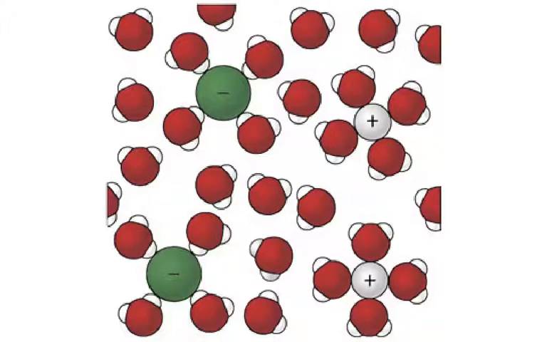So the negative dipoles will surround the positive ion, like you see here, and the positive dipoles surround the negative ion, therefore taking apart the ionic compound and dissolving it into the water, because the water separates it because of the attractive forces between the positive dipole and the negative ion, and the positive ion and the negative dipoles, as you see here.